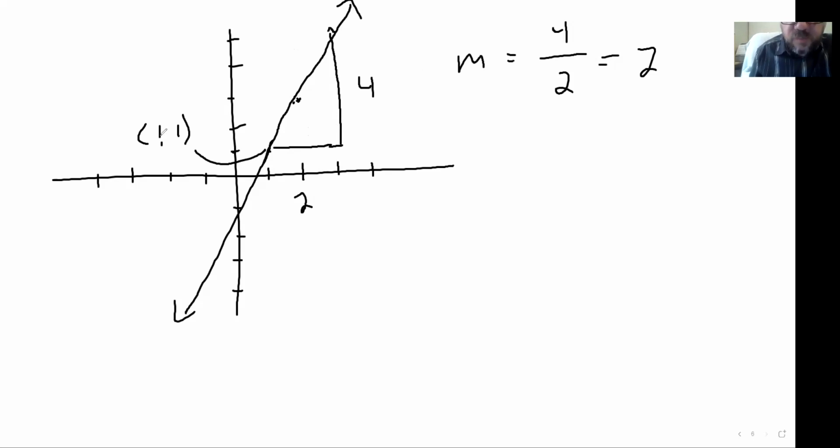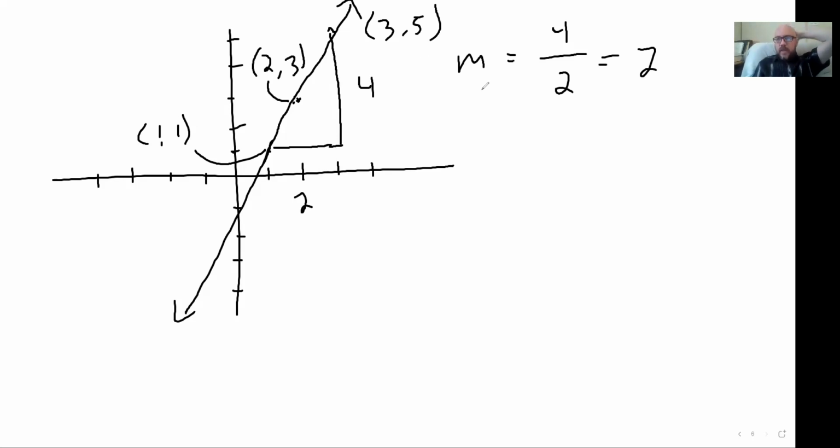If I increased x by 2 and y by 4, then this point should be 3, 5, which it is. And then this point right here is I increased x by 1 and y by 2. And so that point is 2, 3, right here.